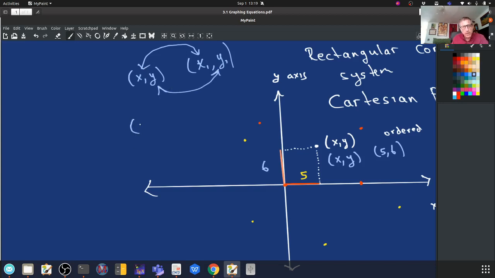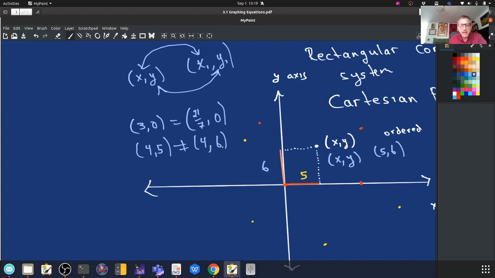So the point determined by 3, 0 is exactly the same as the point determined by 21/7 and 0. The point given by 4 and 5 is not the same as the point given by 4 and 6.